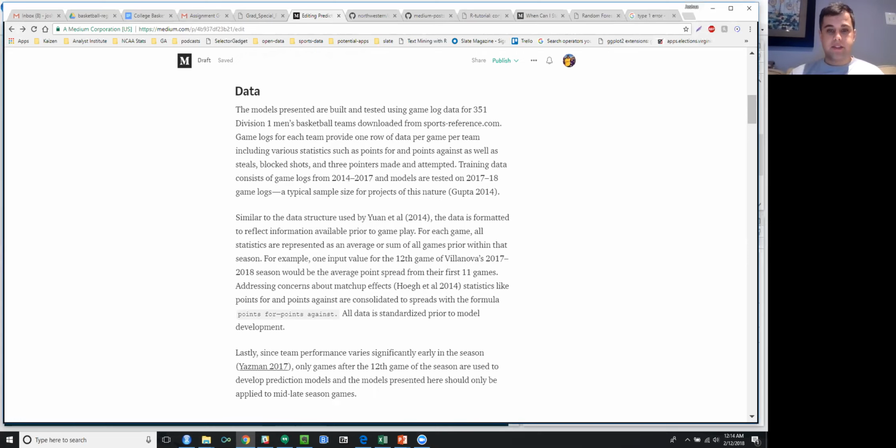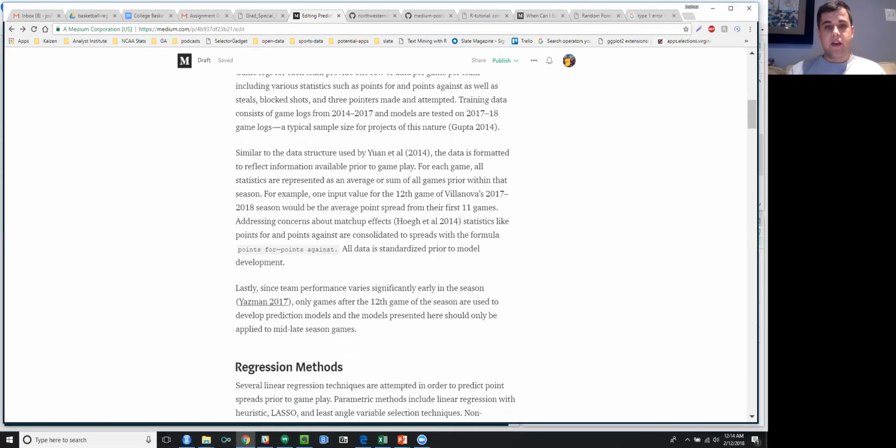The example I give in the Medium post is, if I wanted to predict Villanova's 12th game, I would keep their real point spread as a validation tool. But as an input to that model, I would only use the average point spread from the 11 games prior in that season. That was suggested by a couple of different papers that have demonstrated success in classification modeling, and so I adopted that practice myself.